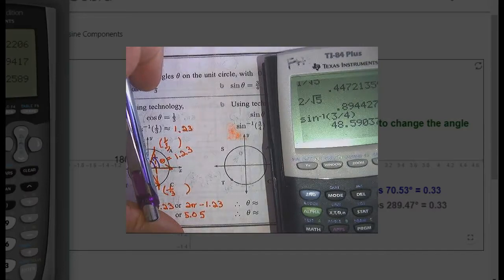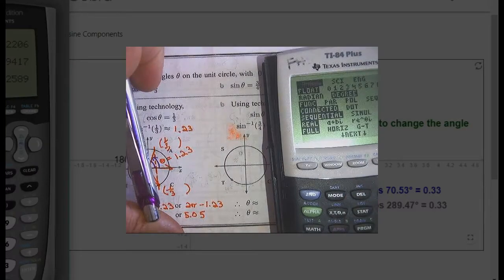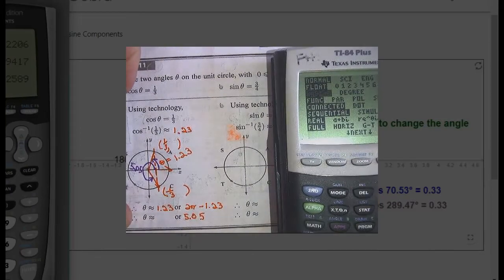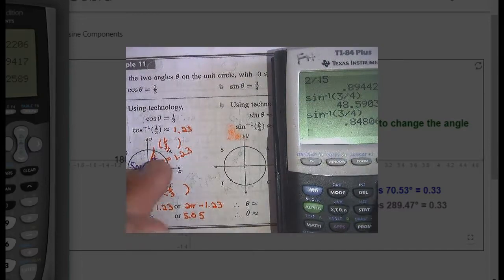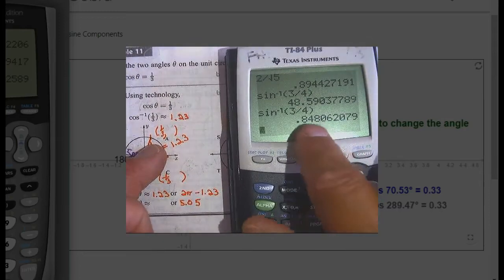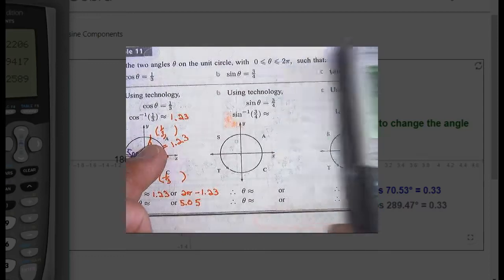Let's make sure I'm in degrees. No, I want to be in radians. Second sine 3 divided by 4. And then what do we subtract that one from? From pi, right.